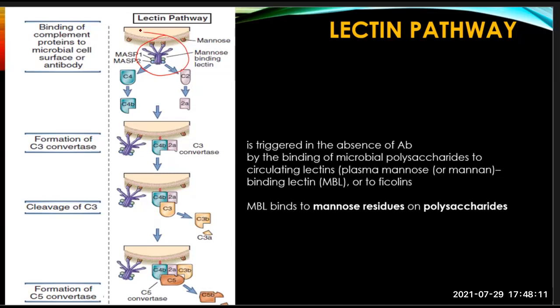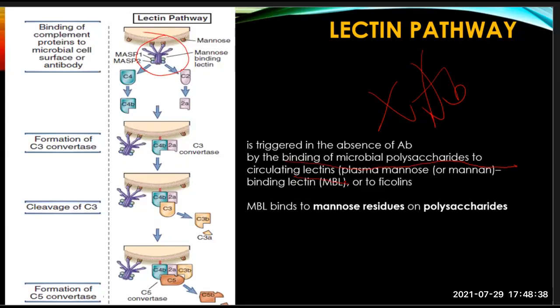So that's it. Again, the lectin pathway is triggered in the absence of an antibody. No antibodies, and it is initiated by the binding of microbial polysaccharides to circulating lectins. Because we have the mannose-binding lectin, this lectin will bind to mannose, mannan, or the lectin residues.